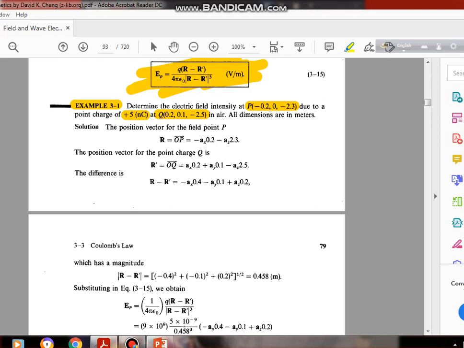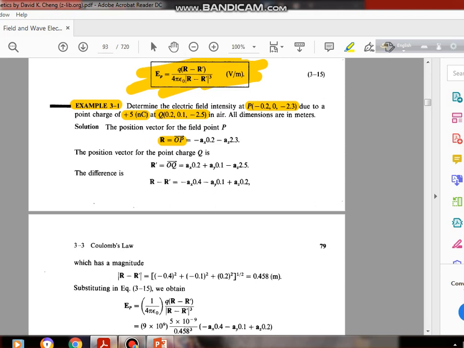All dimensions are in meters. The position vector of the field point P is R, that means OP, which is -0.2 a_x plus 0 a_y, so it will be 0, minus 2.3 a_z.